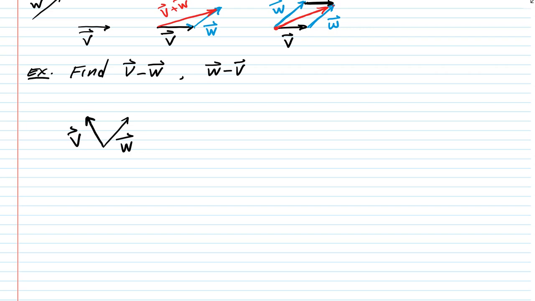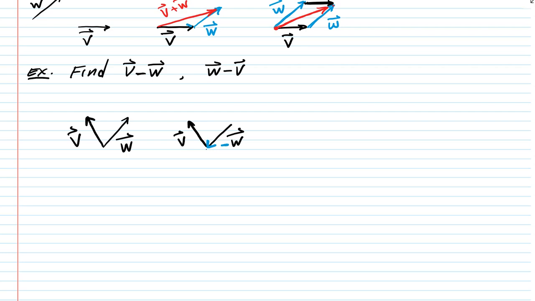All right, and we want to do V minus W. So in order to do V minus W, this is W. So this is V, and that's vector V. We're going to do negative of W. So negative of W actually goes in the opposite direction, correct? Same magnitude, but goes in this direction, not in the other direction.